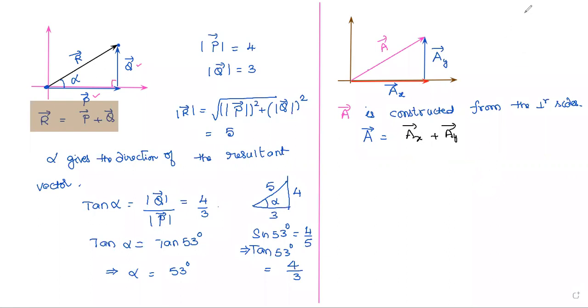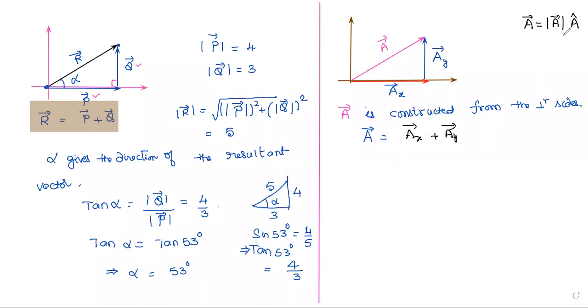Then go back a bit in the lesson and think wisely. I think the day before yesterday, while explaining the unit vector concept, I gave that a vector can be written as A bar equals its magnitude into its unit vector a cap.